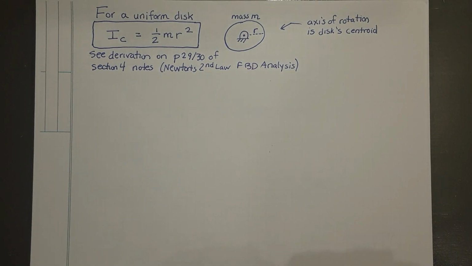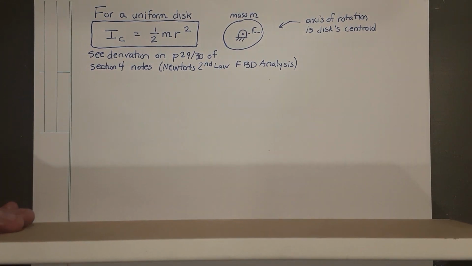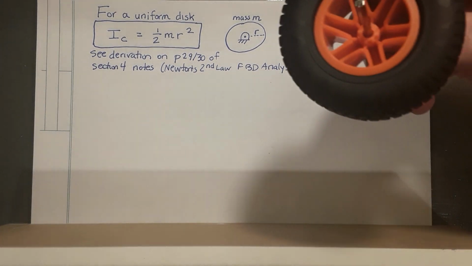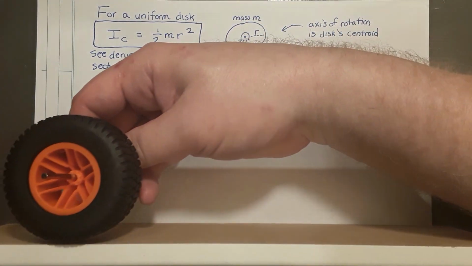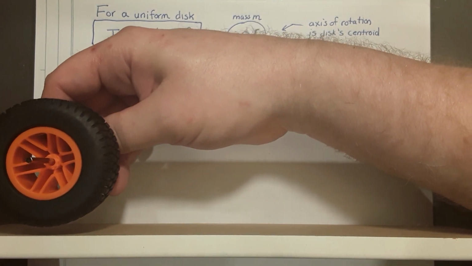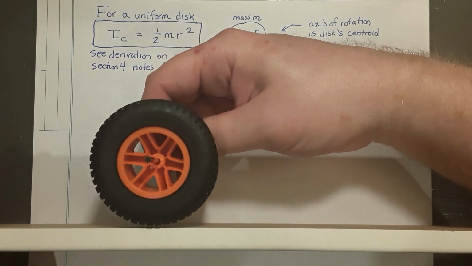But for a rolling wheel, so if I take the same object but cause it to rotate around an axis which is not its centroid. So I'm going to have an object that's rolling.